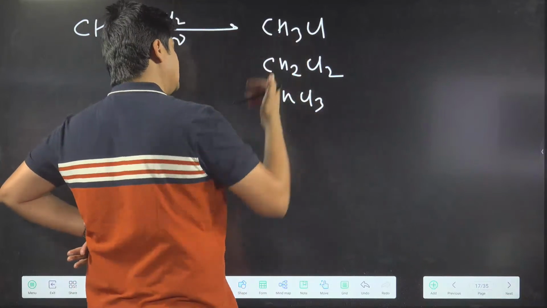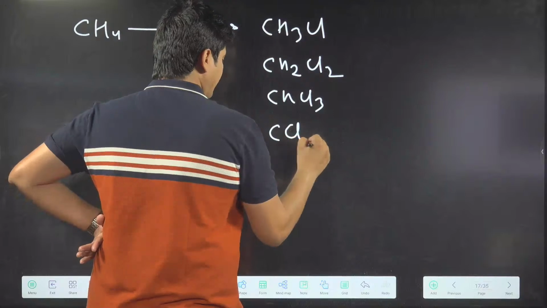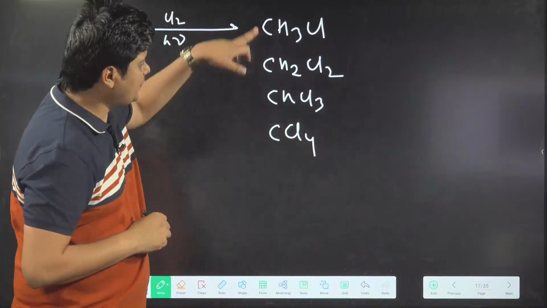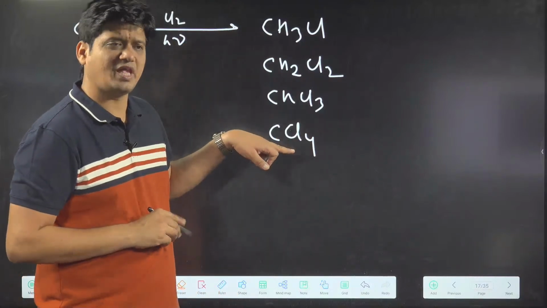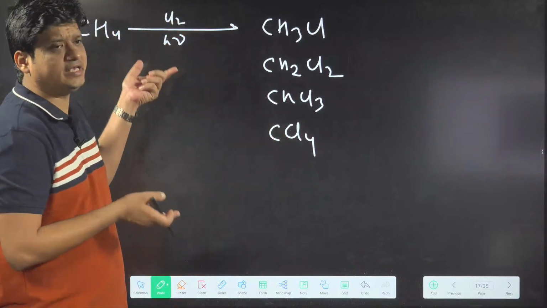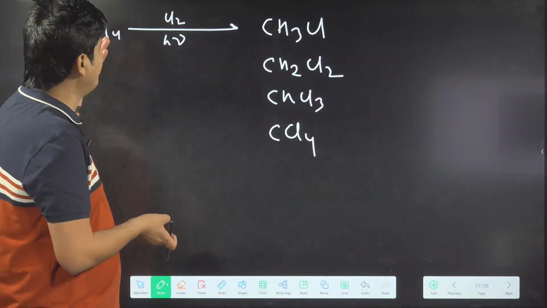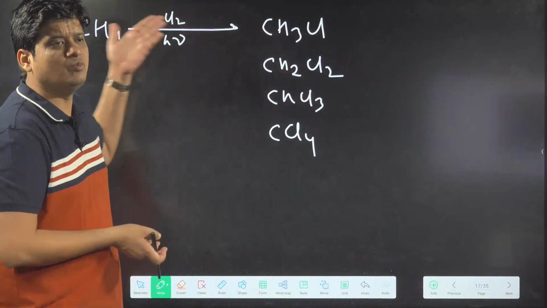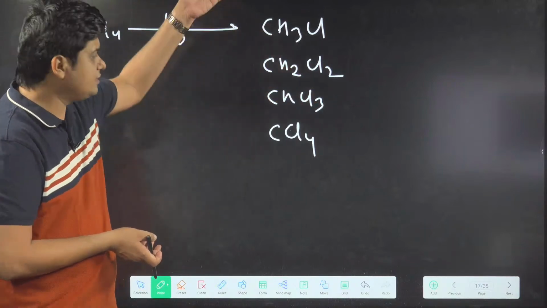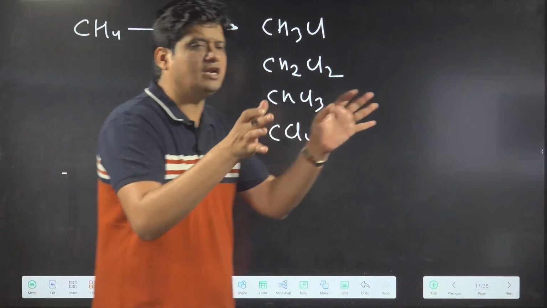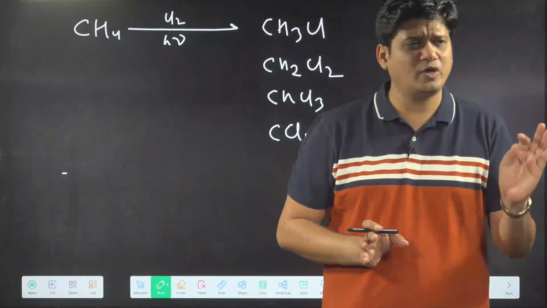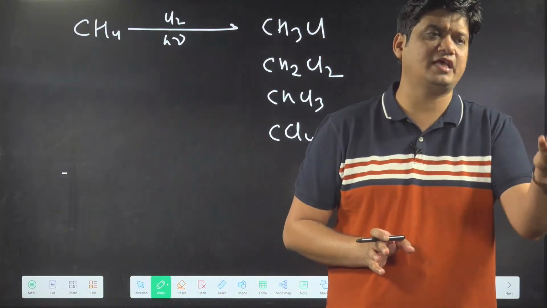One more hydrogen displaced by chlorine, CCl4 is formed. So these four products anyone can guess. By chlorination reaction, common sense here: remove hydrogen, bind chlorine, remove hydrogen, bind chlorine. Those who know basic fundamentals of chemistry can guess.